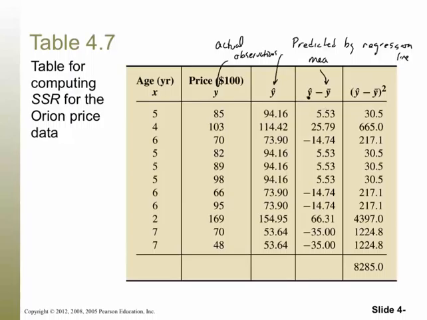So this right here, the y hat minus y bar, is this related to SSR, SSE, or SST? This column right here. Actually, we're going to square it and add them up. Is this the SSR, the SSE, or the SST? SSR. He wants SSR. Agree with that? You agree with SSR?